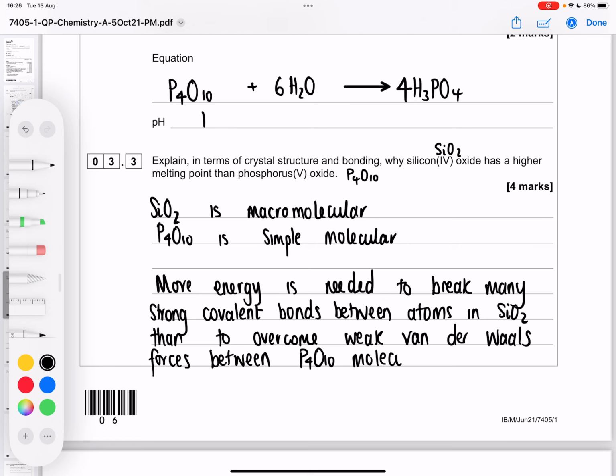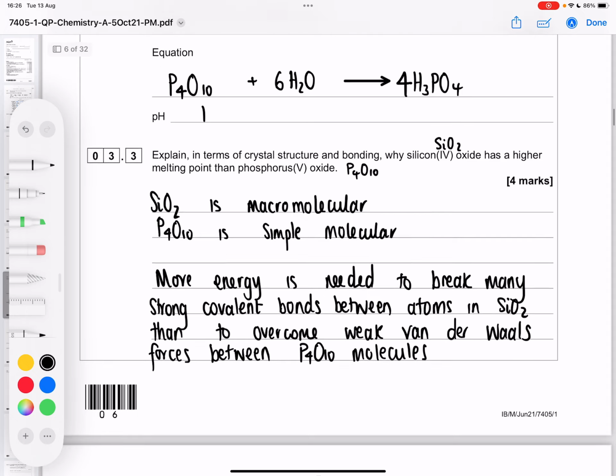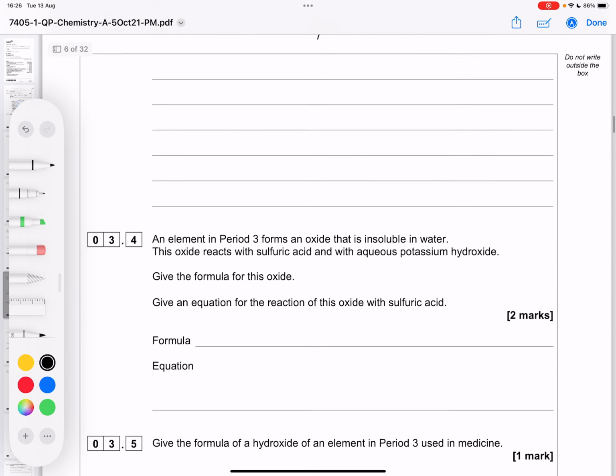So simple molecular things have intermolecular forces. Macromolecular things have covalent bonds between the atoms.